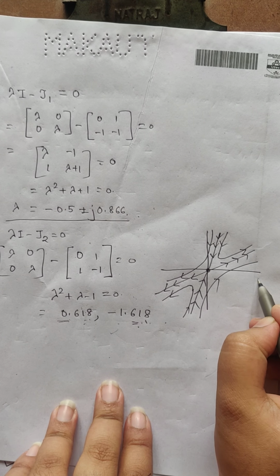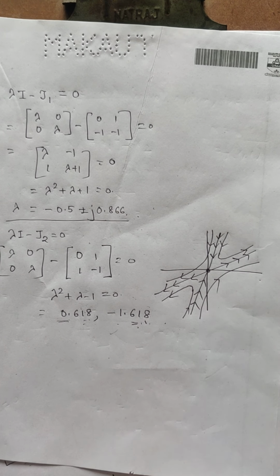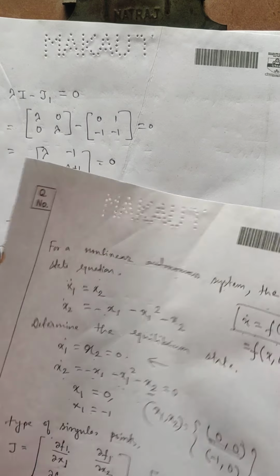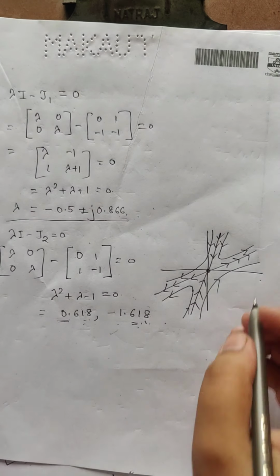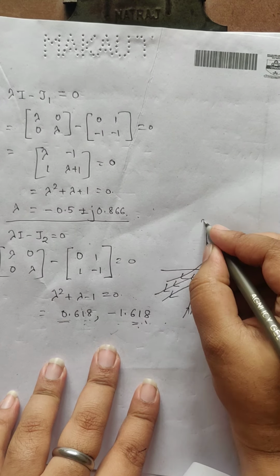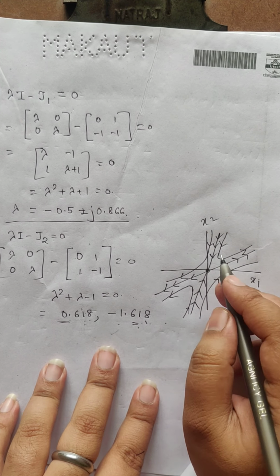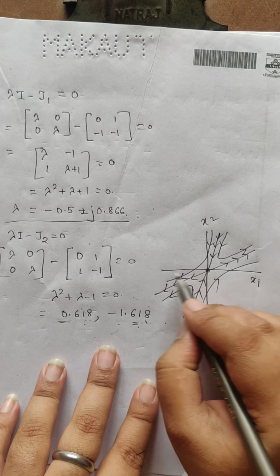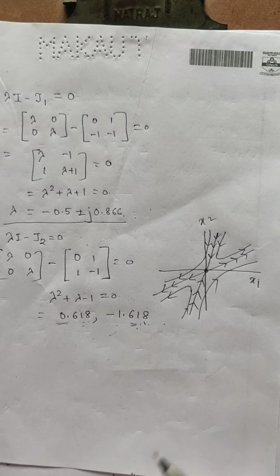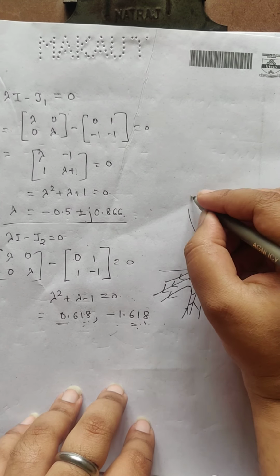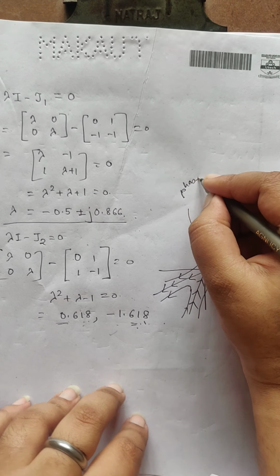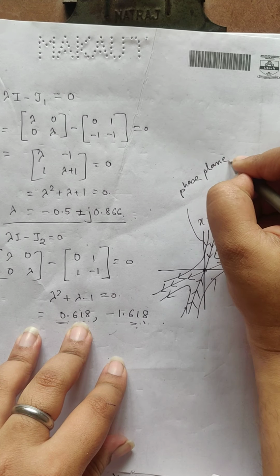The variables which you will be using here, since we have used x1 and x2, will be x1, x2. These planes are obtained after omitting the variable t. Therefore this new plane is termed the phase plane.